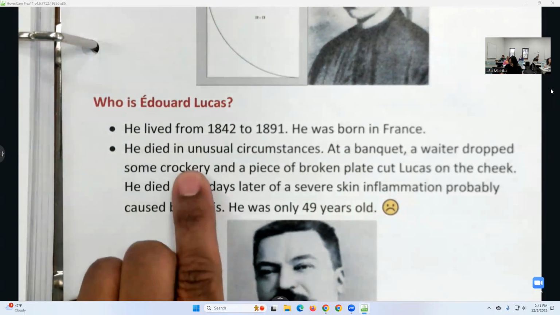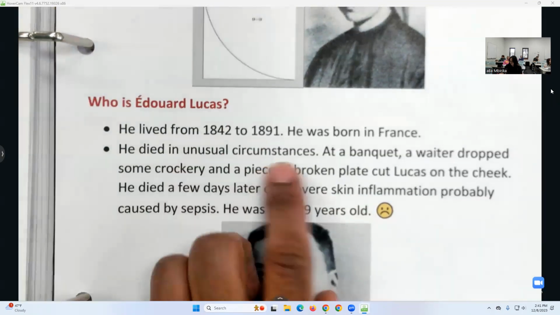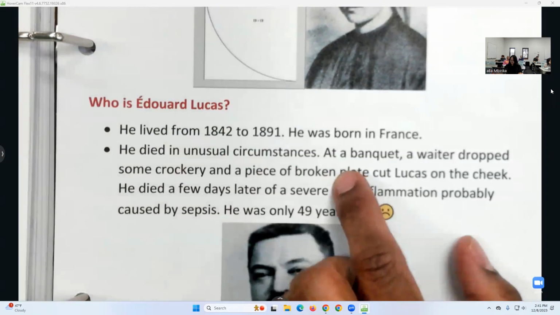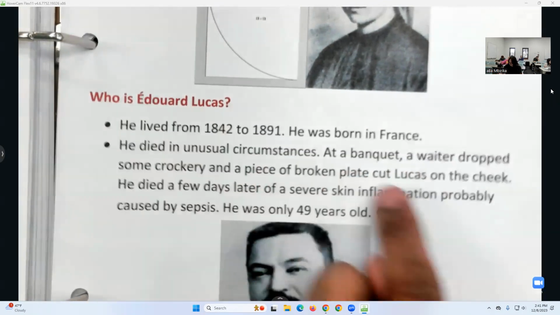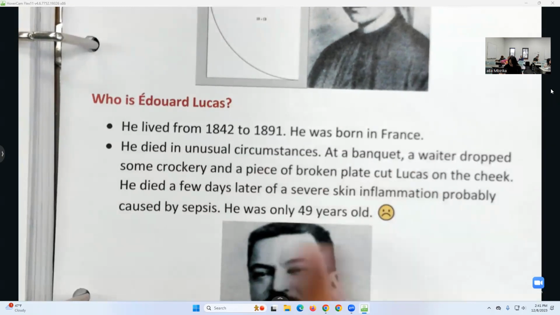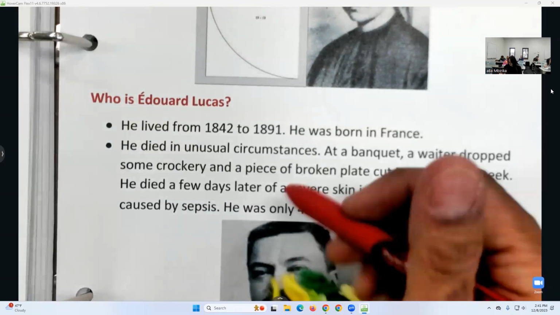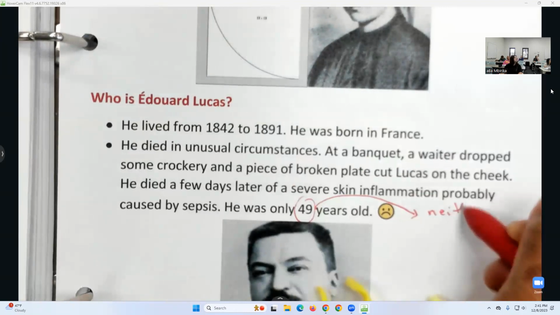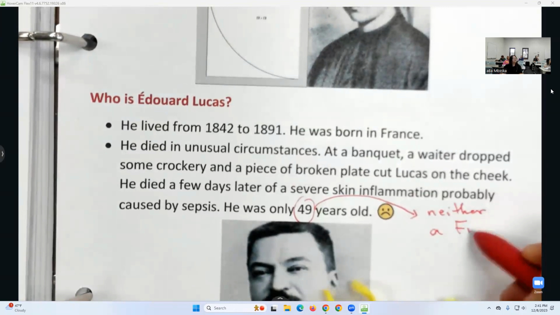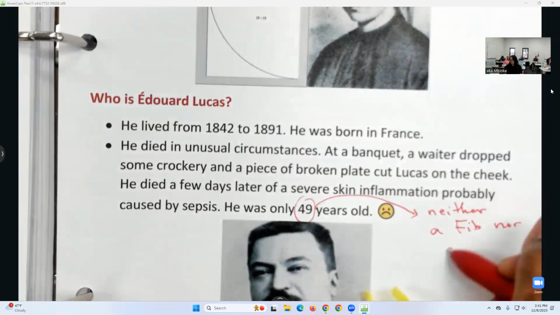Okay, so he died in unusual circumstances, not making this up. It's just too weird to be made up. At a banquet, a waiter dropped some crockery and a piece of broken plate cut Lucas on the cheek. He died a few days later of severe skin inflammation, probably caused by sepsis. He was 49 years old, and 49 is neither a Fibonacci number nor a Lucas number.